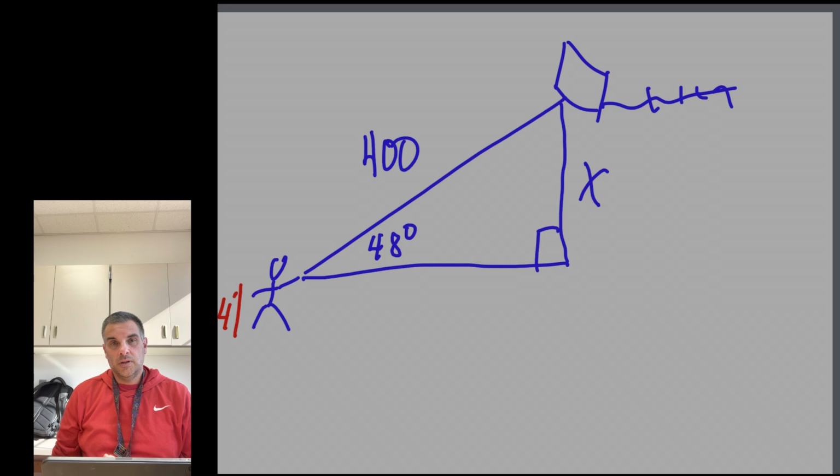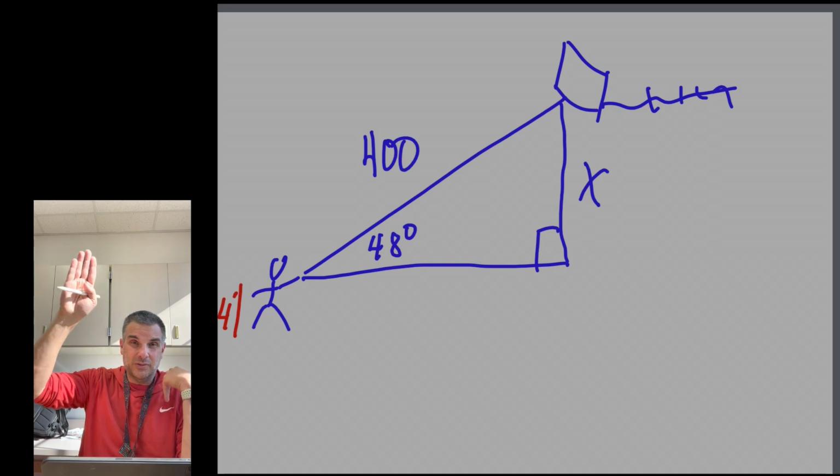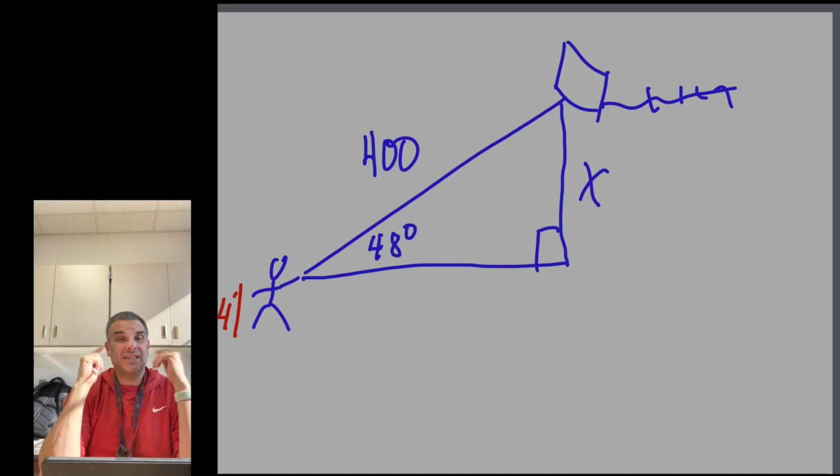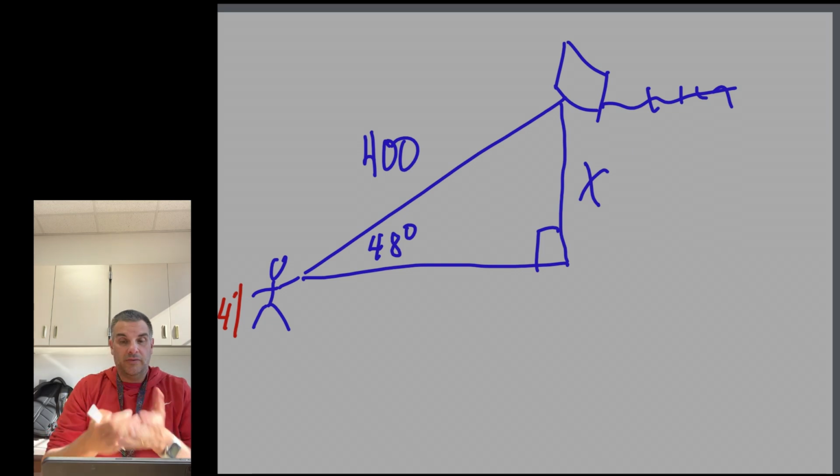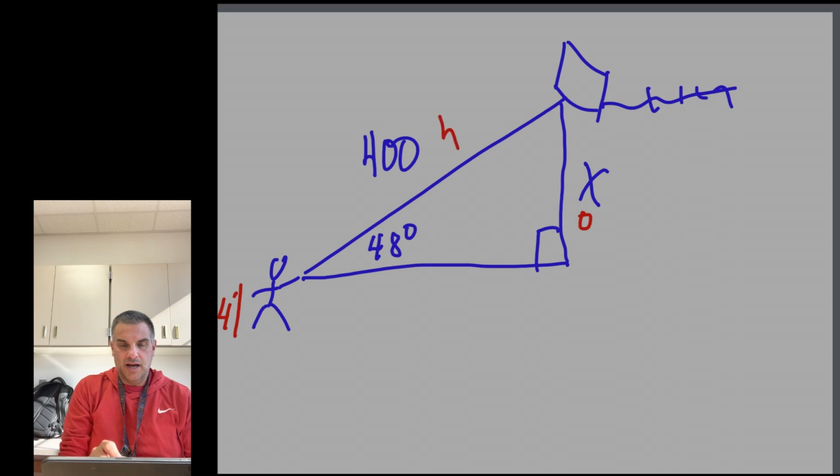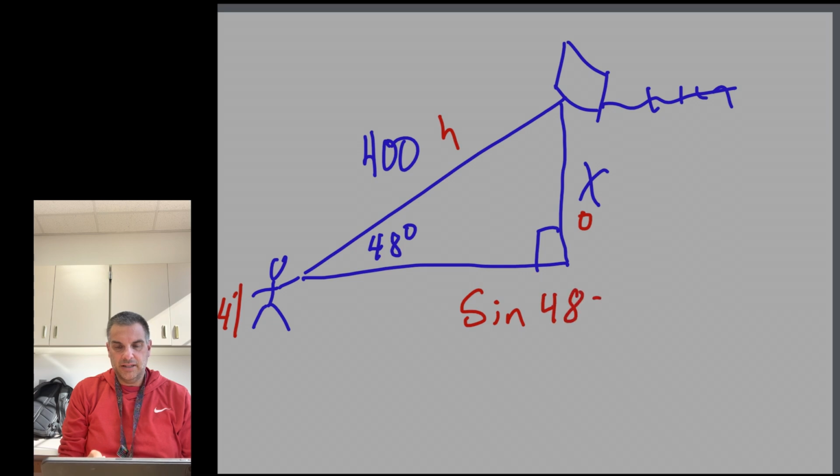The first thing we're going to do is solve the triangle, and then we have to think about what to do with that 4 feet at the end. I don't need to use it at first, but I'm going to need it at the end. So we're going to find the value of x here. Opposite over hypotenuse, so this is sine. The sine of our angle, 48, is equal to the length of the opposite x over 400.